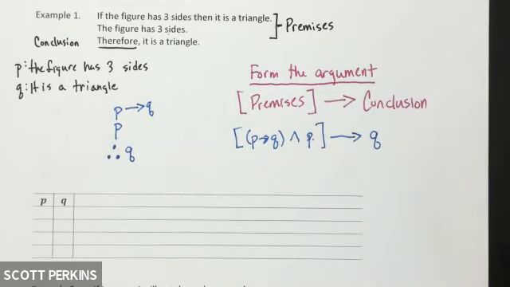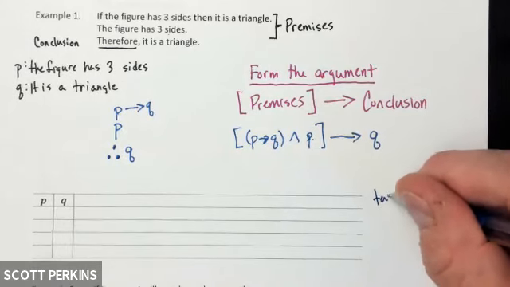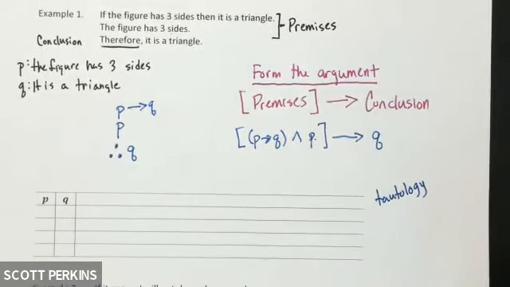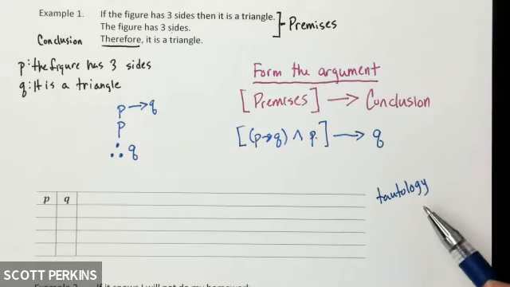And here's how you make your conclusion. If you get a tautology here, that's a review word. Does anyone remember what a tautology is? Okay, that's okay. I know we talked about it at the end of one of the sections last time. Tautology is everything's true.